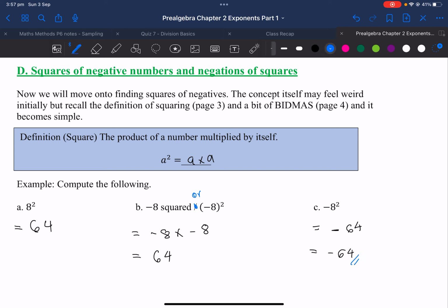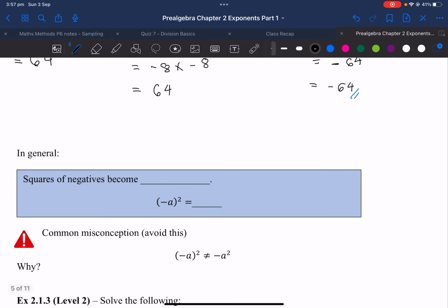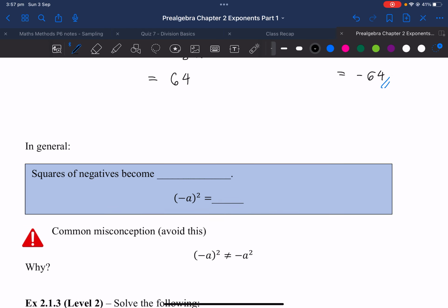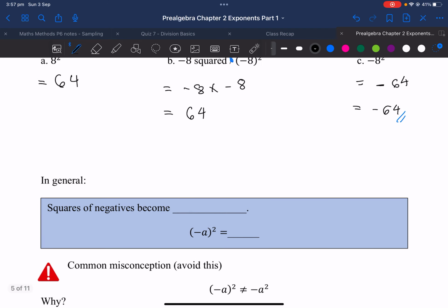It's because the negative is not inside a bracket. Here it was negative 8, the whole thing being squared. Here you're squaring 8, then multiplying by negative 1. Does that make sense? So that's a very common misconception. You have to follow where the brackets are. In general, a common principle is that when you square a negative number, it becomes positive. The square of a negative number becomes positive.